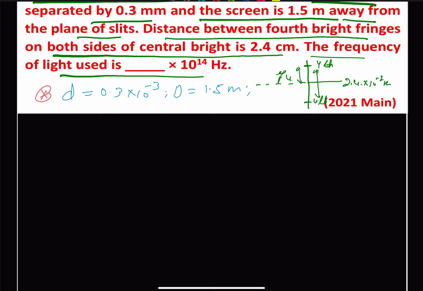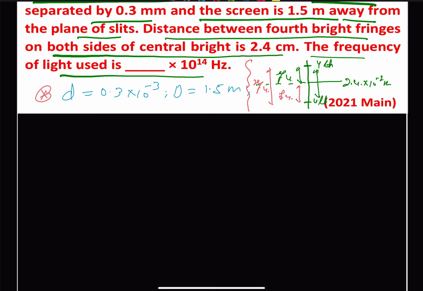So we can say that the other side will be also y of 4, and this total comes as 2y of 4.